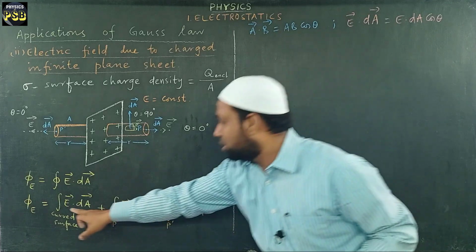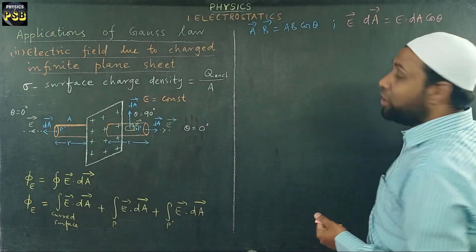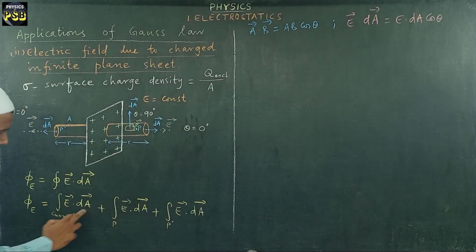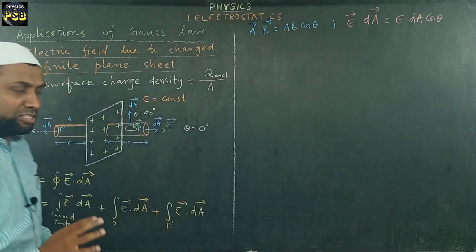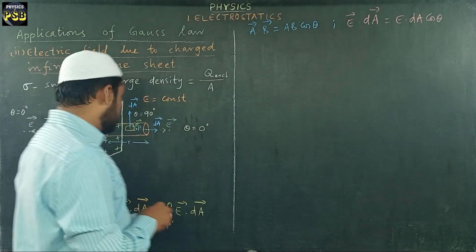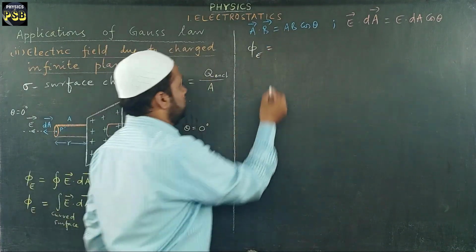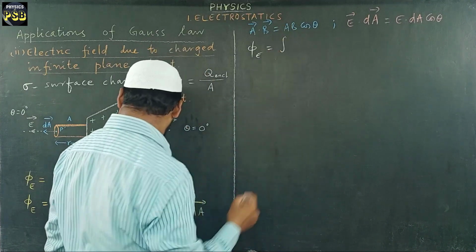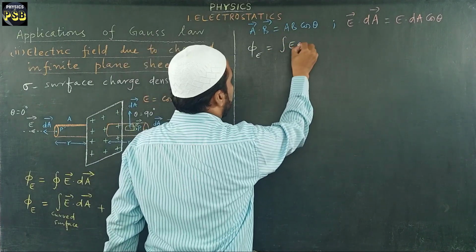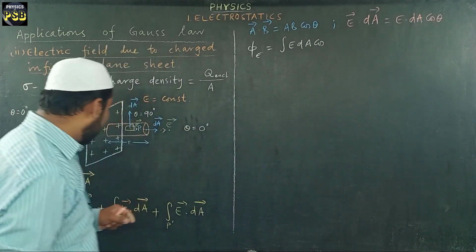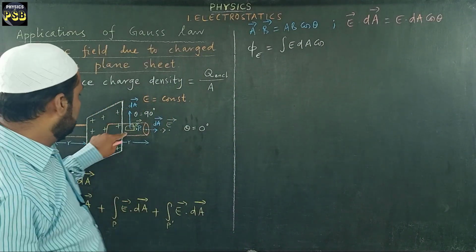So wherever I have E vector dot dA vector, I replace it with E dA cos theta. So Phi E equals integral of E dA cos theta. We know the value of theta here.